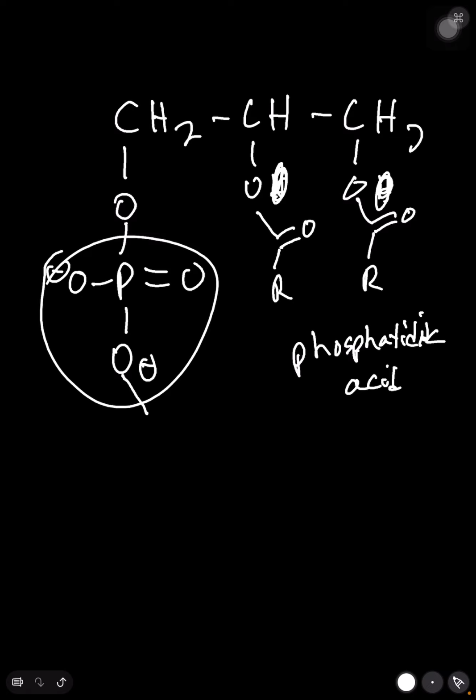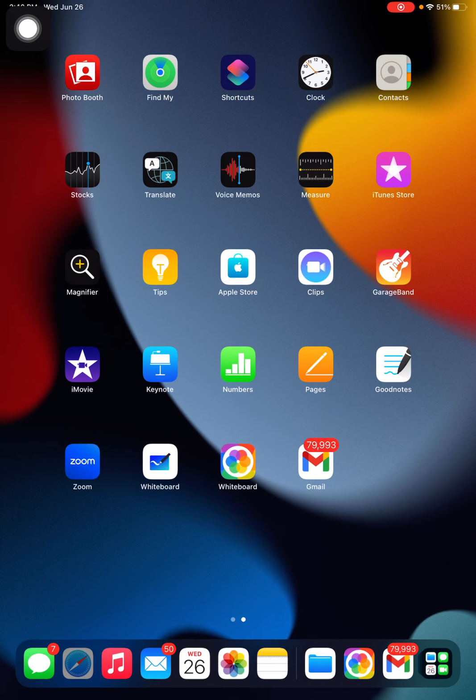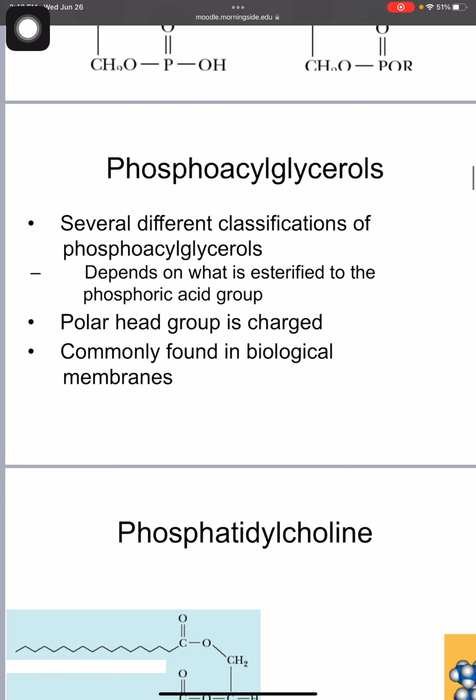You can have other stuff coming off of this. The identity of this R group will tell you what type of phosphoacylglycerol that you have. All right, so let's just take a look at a few of them.